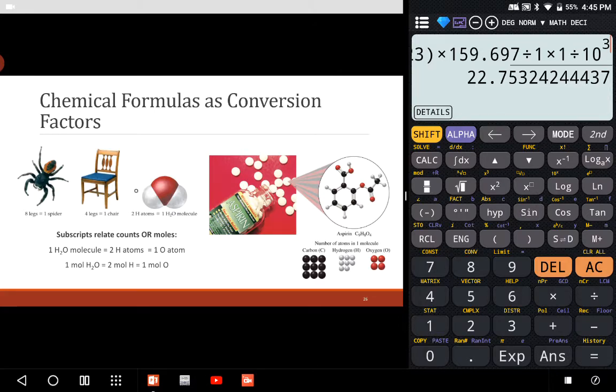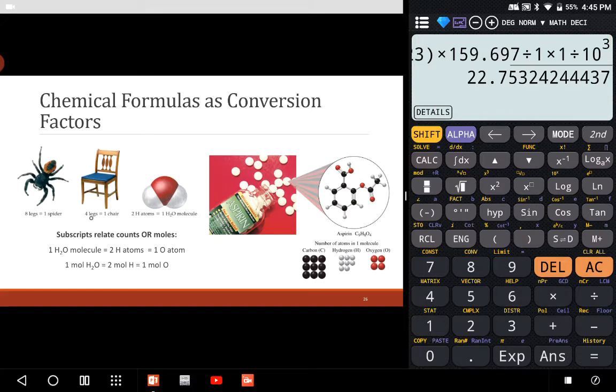So in this part of the video, we introduced that we can use subscripts as additional conversion factors in our math. And so this analogy includes that one spider has 8 legs. And so if we wanted to know how many legs were in a whole case of spiders, we could use that as a conversion factor to take the number of spiders and figure out how many legs that is.